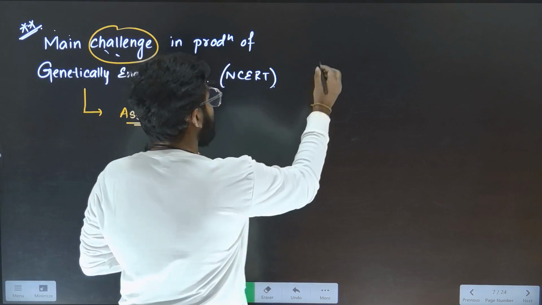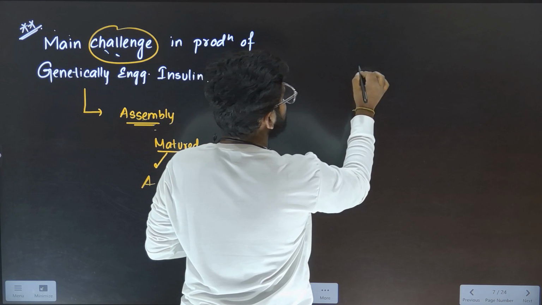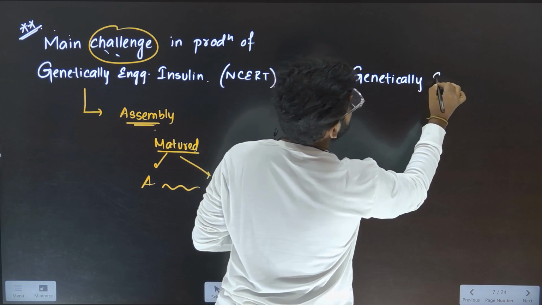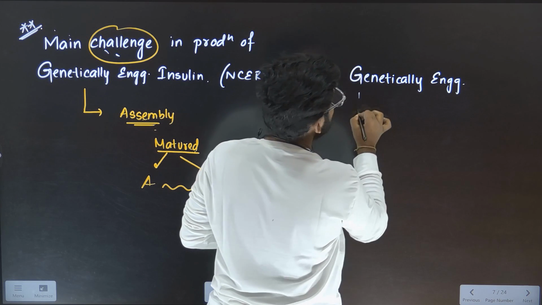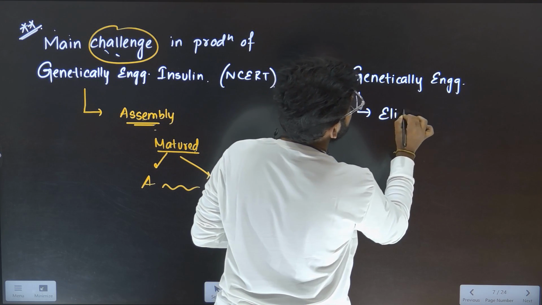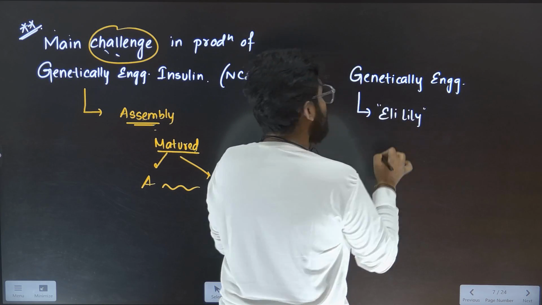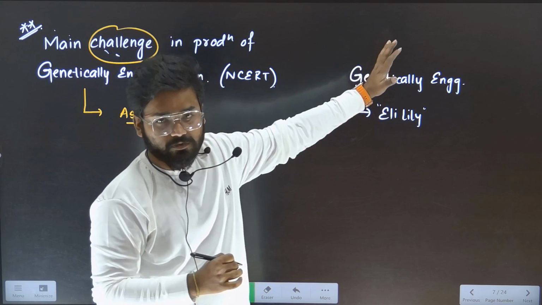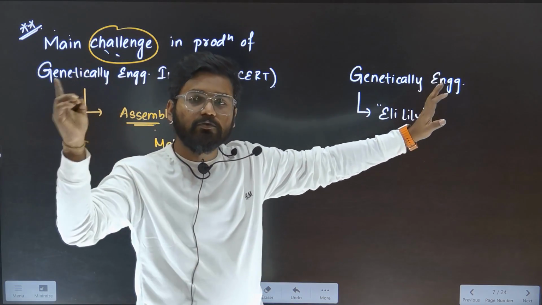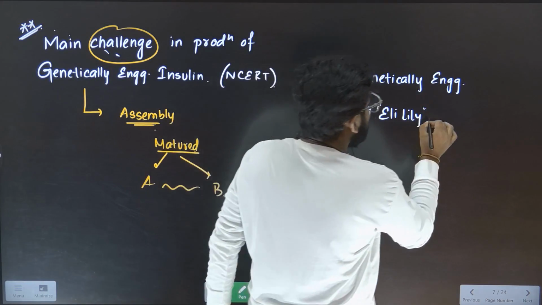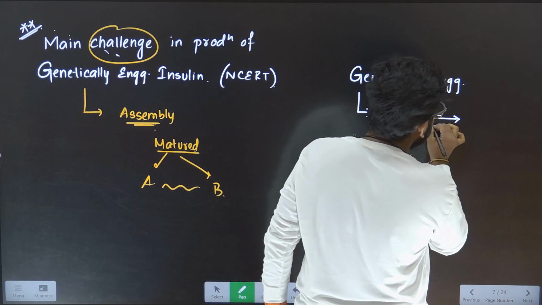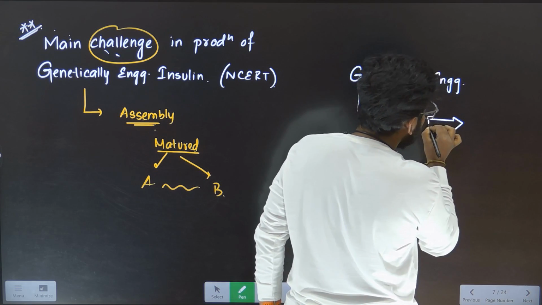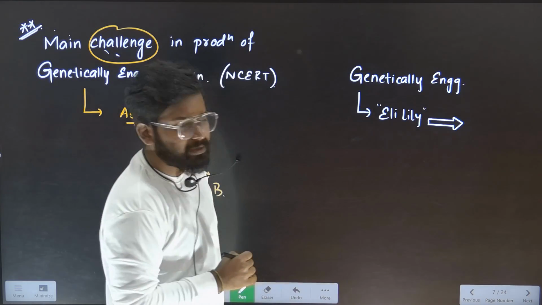So this insulin was genetically engineered for the first time by a company called Eli Lilly, and I have already said that Eli Lilly had produced insulin before, that was the bovine and porcine insulin, but this time the source was human, that was incorporated in bacteria.